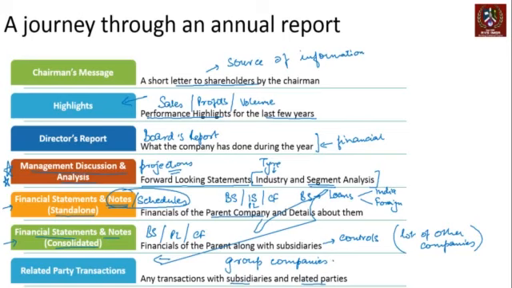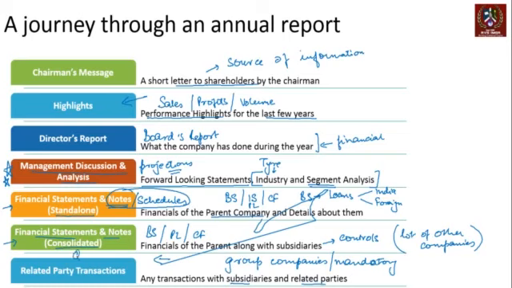So when a company has related party transactions, it is mandatory to disclose those. Why is it mandatory to disclose those? Because there is a possibility that some transactions may not be completely clean in this scenario, right? That's why companies list related party transactions.